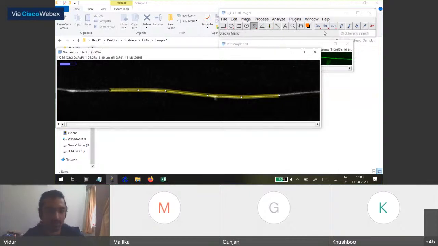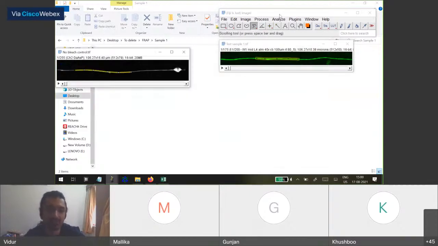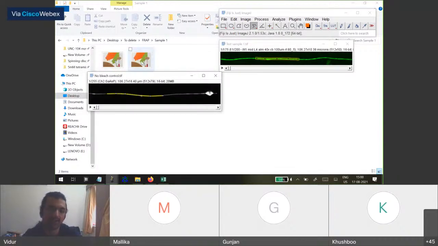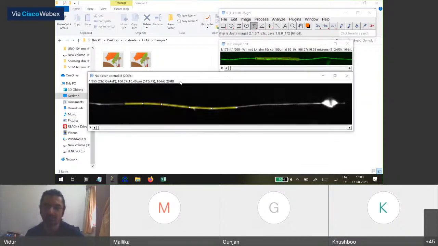I'll continue from the beginning. Just open Fiji and open the no bleach control and test sample by dragging these images into Fiji. It will directly open the files. So now what you'll see is that I have already marked an ROI of interest.